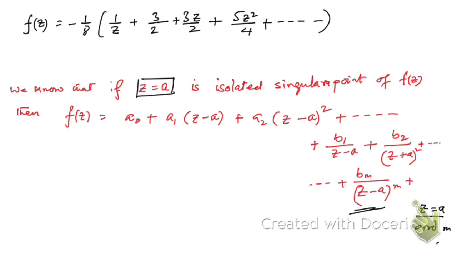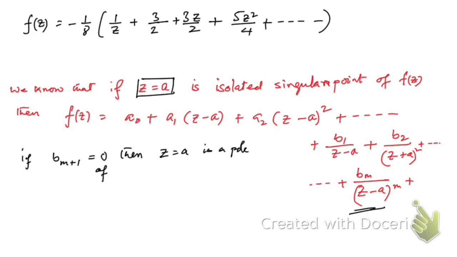So here we can write, simply, if the constant b(m+1) is equal to 0, then z is equal to a is a pole of order m.